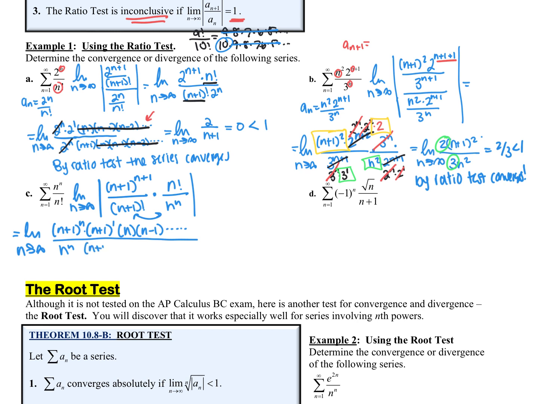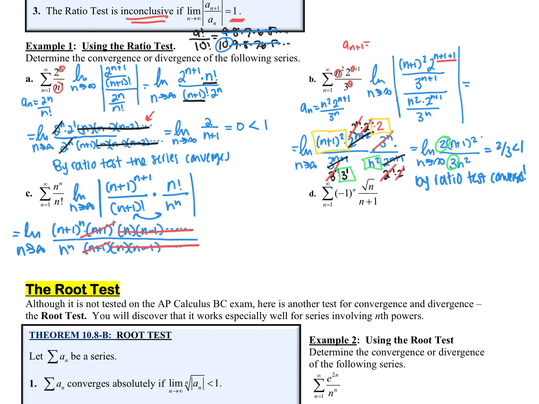So we will have a lot of the factorials cancel. And then n plus 1 will actually cancel out as well with that extra n plus 1 that we had from this guy up here.